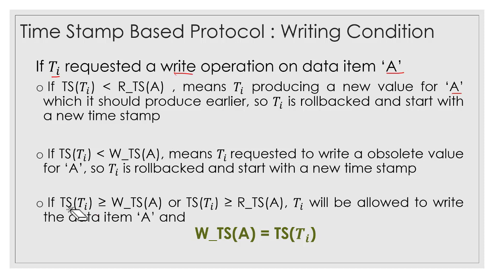So if the timestamp of transaction Ti is greater than the write timestamp of data item A, and the timestamp of transaction Ti is greater than the read timestamp of the data item A, then Ti will be allowed to write that data item, and the new write timestamp for the data item will be the timestamp of transaction Ti.